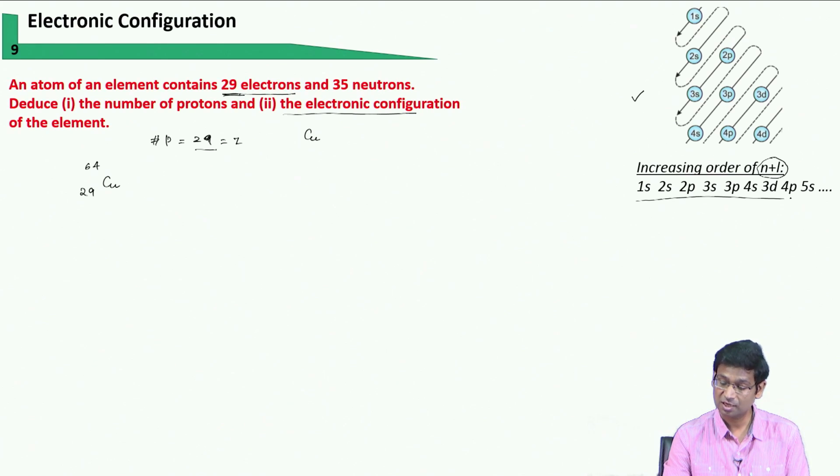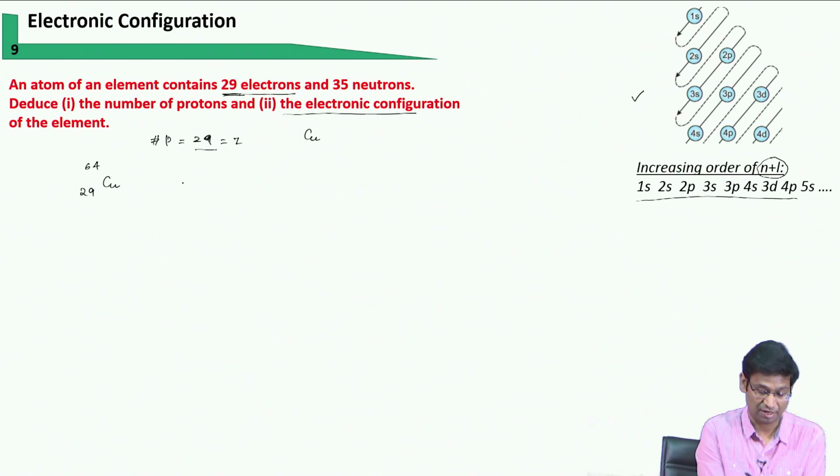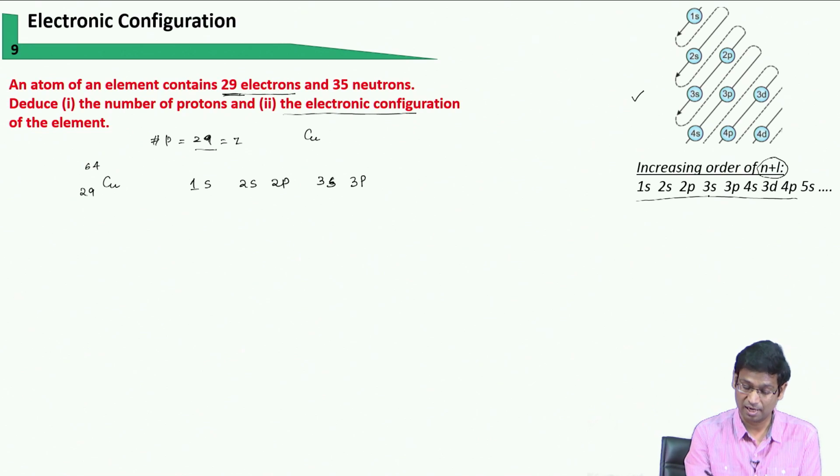This is the increasing order of n plus l. So let us write down 1s, 2s, 2p, 3s, 3p. After 3p I will not write 3d, rather I will write 4s, because 4s has n plus l of 4, and 3d has n plus l of 5.